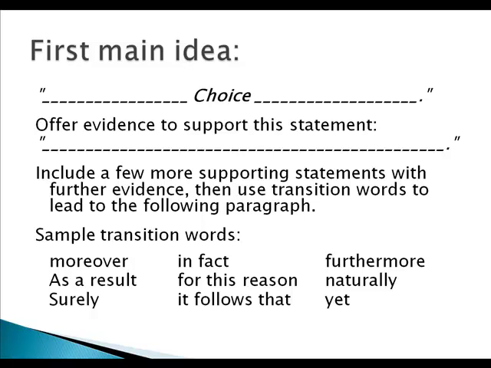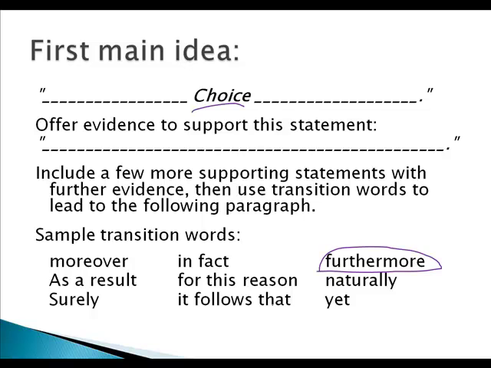So let's say the first main idea, the first body paragraph, is on choice. I could say something like, many students in the North are not given a lot of choice when it comes to choosing high school classes. And then I could use a transition. Furthermore, the choices are pretty much picked for them.